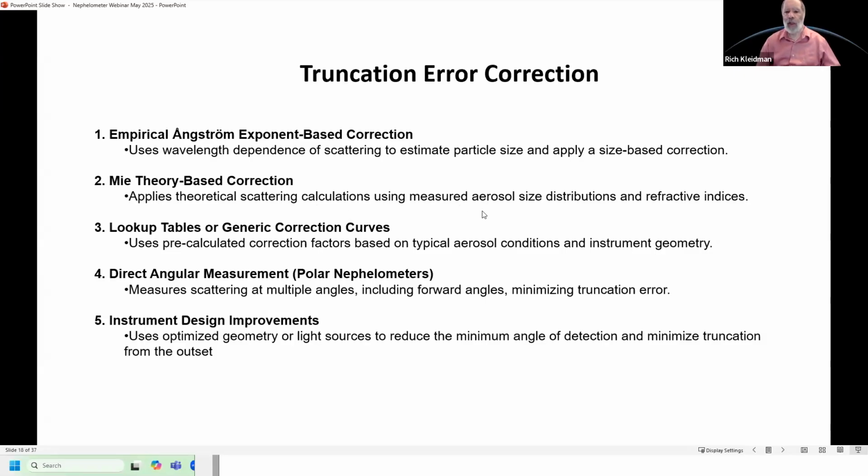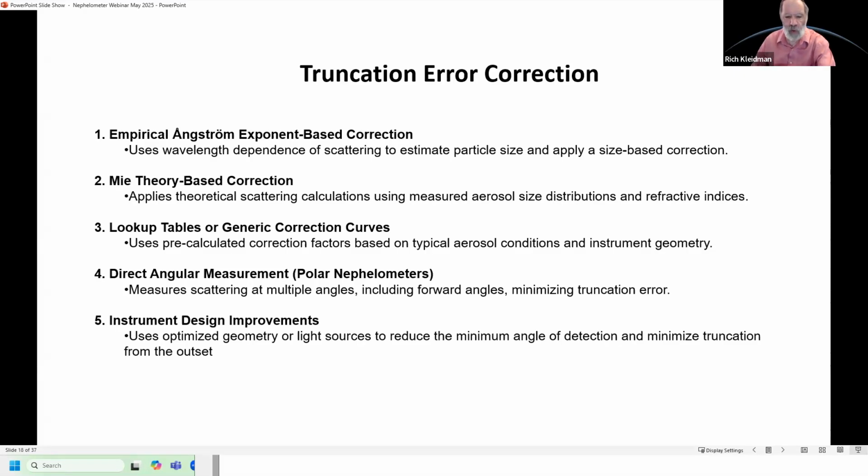What we are implementing now currently, and we'll show you a data dashboard later, is the GRASP inversion for our data. Now, I can't really go into GRASP today, but GRASP is a radiative transfer inversion scheme that was originally developed for AERONET, has been used in multiple satellites, and now we're applying it to our instruments.